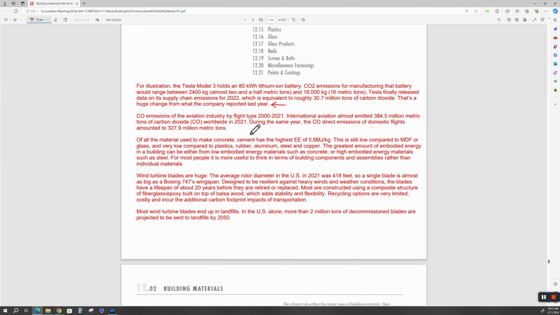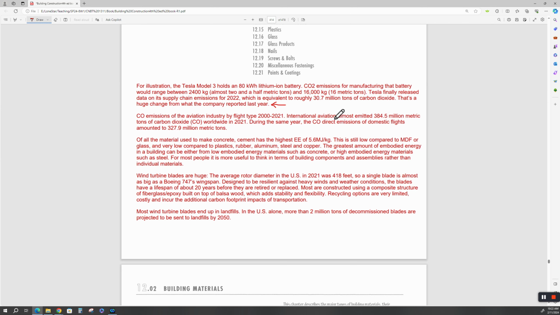That's all the commercial flights in 1 year, okay? And during the same year, the direct CO2 emissions of domestic flights amounted to 327.9 million metric tons. Now, the problem with figures is who's collecting the data and what's the data input analysis, okay? That gives you an idea.